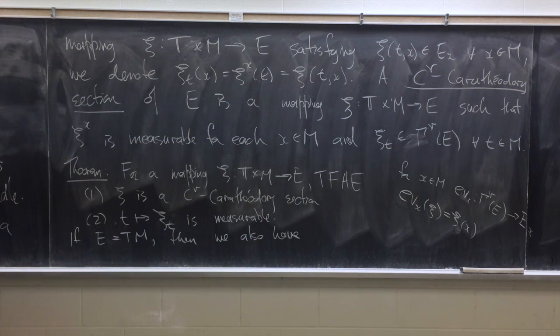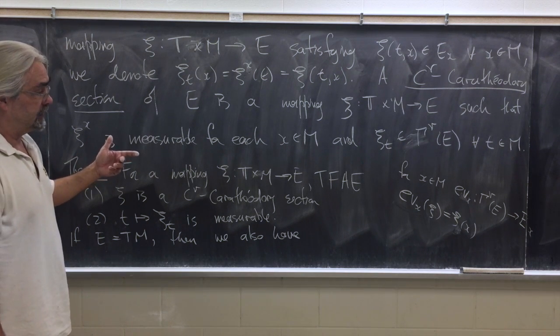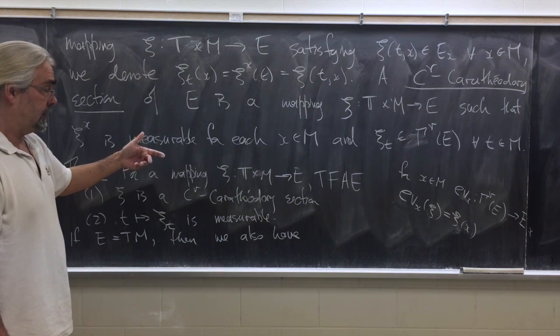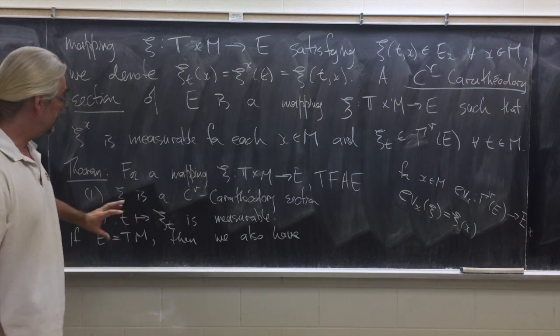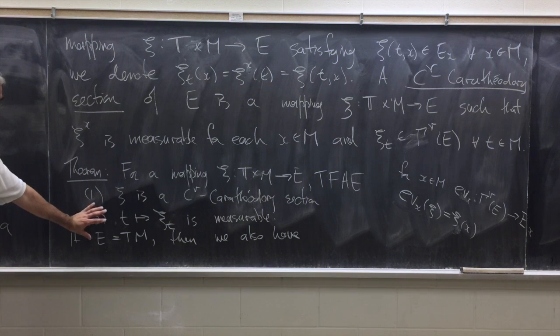These evaluation maps are point separating. So what you then use is this theorem about measurability of mappings taking values in Suslin locally convex spaces, and that is, to test measurability it's sufficient to check measurability on these evaluation mappings. So the equivalence here is really just about Suslin spaces.